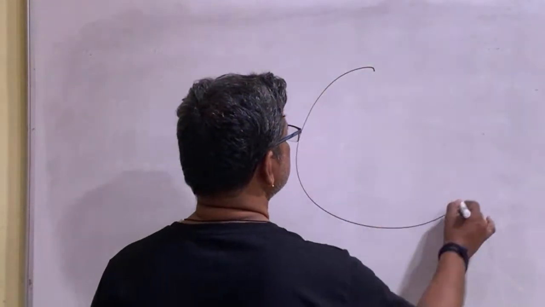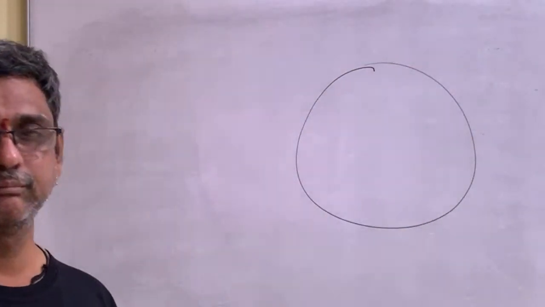Prove that the tangent drawn at the midpoint of an arc of a circle is parallel to the chord joining the endpoints of the arc. A beautiful question which was asked in a board exam long before.